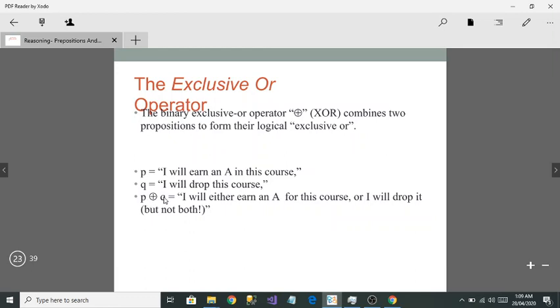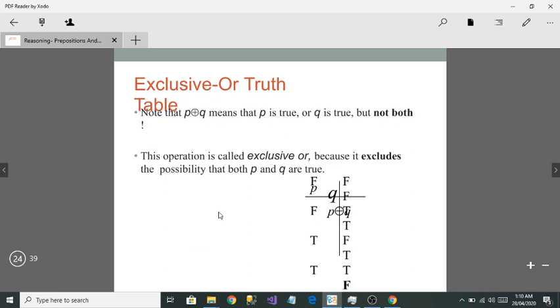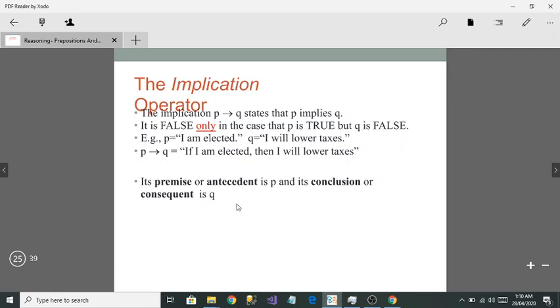So P exclusive OR Q will be I will either earn an A for this course or I will drop it, but not both. Okay. So let me tell you its exclusive OR table. It is false when both are false, the same as the OR one, because it's not true right now.